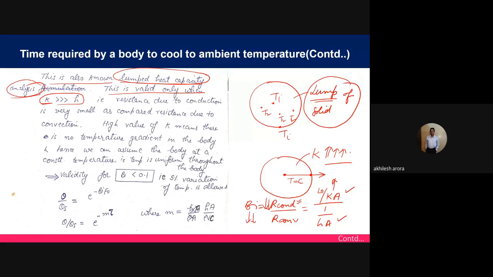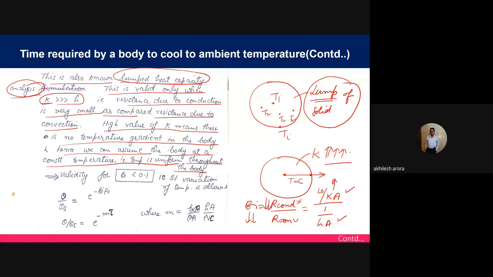So this lumped heat capacity formulation is valid when the resistance due to conduction is very small compared to the resistance due to convection. A high value of k means there is no temperature gradient in the body, and hence we can assume the body is at a uniform temperature throughout.